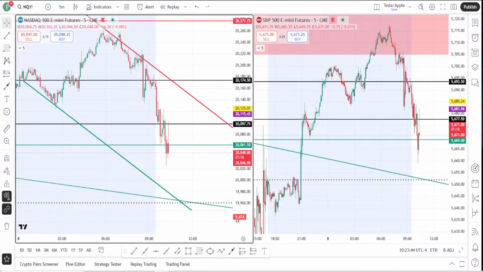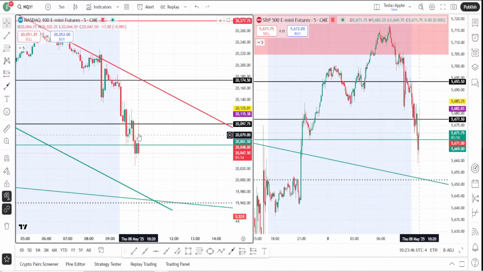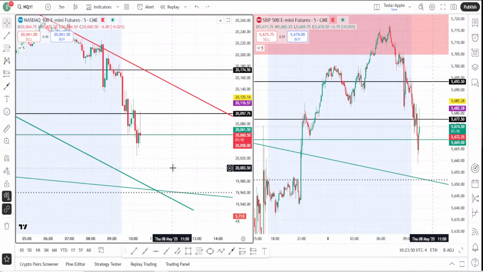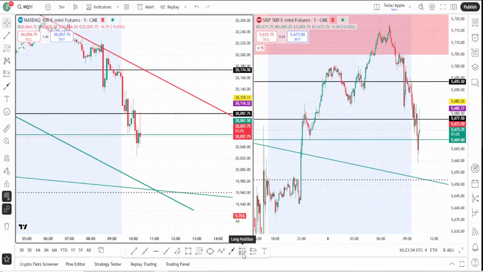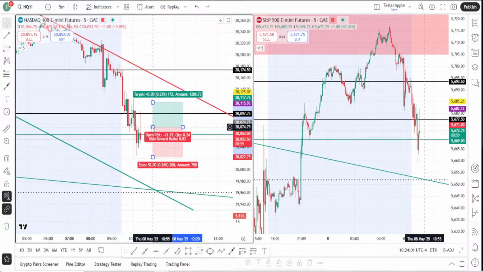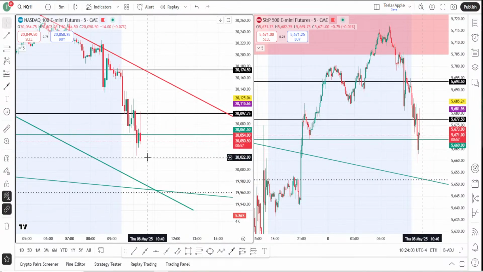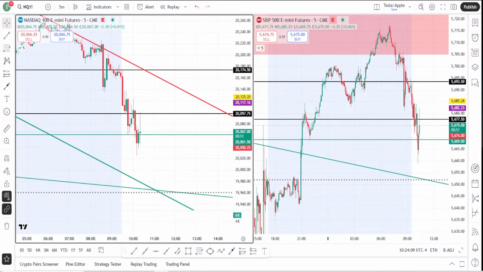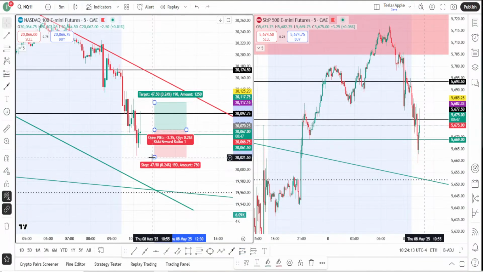Looks like the buyers immediately got rejected upon pushing up higher here. Okay, so if you did take that long there, you want your stop to be down here. You go long, stop down here.